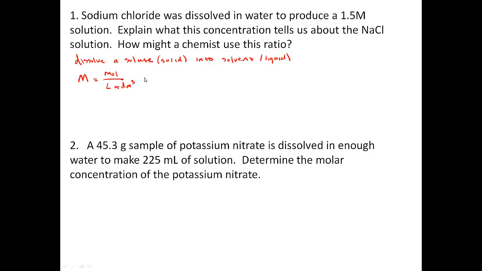So basically it's how many moles of solute are in how many liters or decimeters cubed of solvent. So it's a this per that number that describes how much solid you have dissolved in your liquid. Okay, and it's called the concentration.